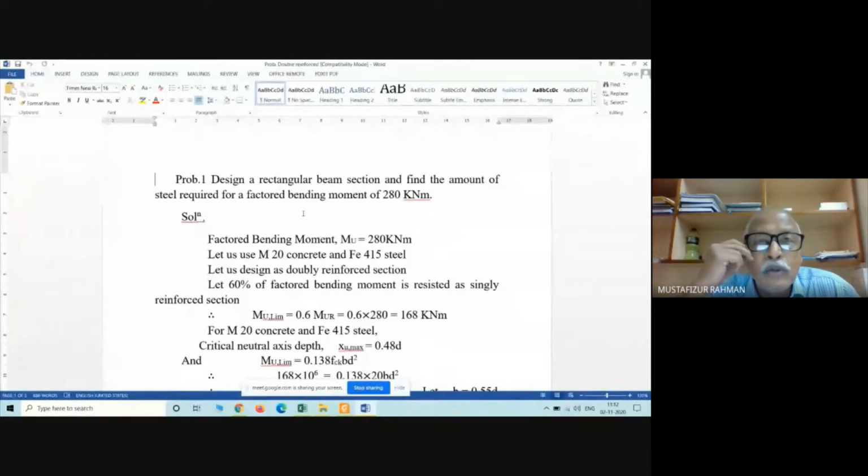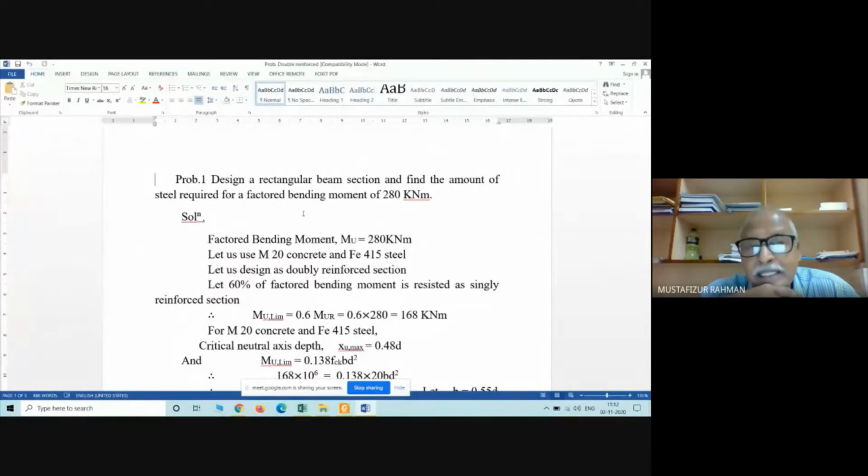But as students of design of structures, we will be given the external bending moment, and we will be asked to design the section.